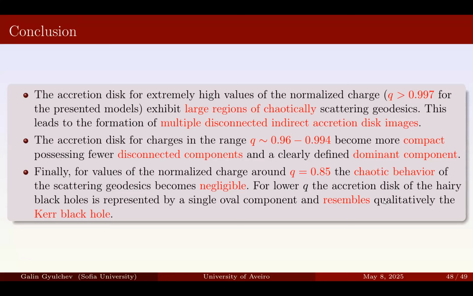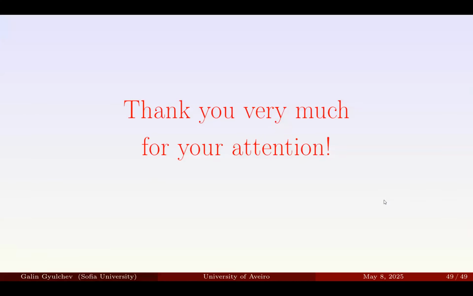And finally, when the charge disappears, or it is small, both the disk and the shadows continue to resemble the behavior of this observational characteristic of the Kerr solution, which is the thing which we assume should be there. Thank you very much.